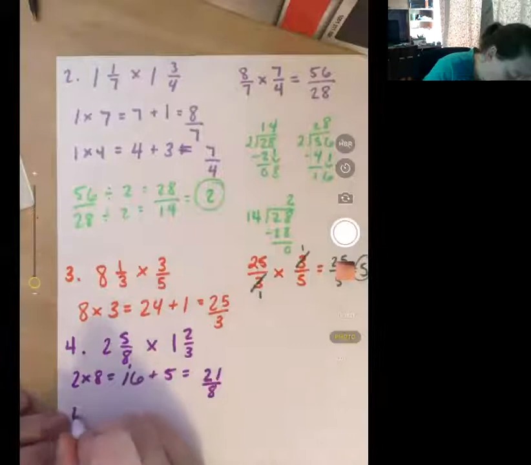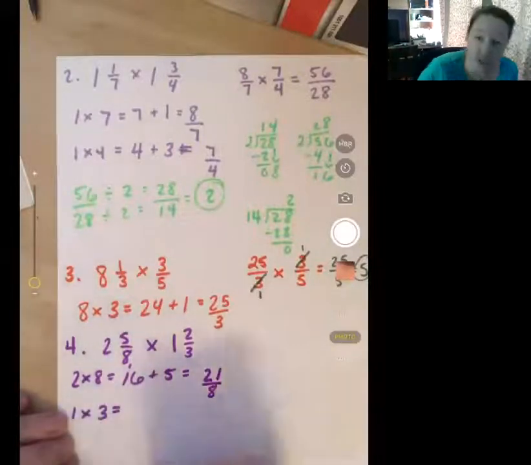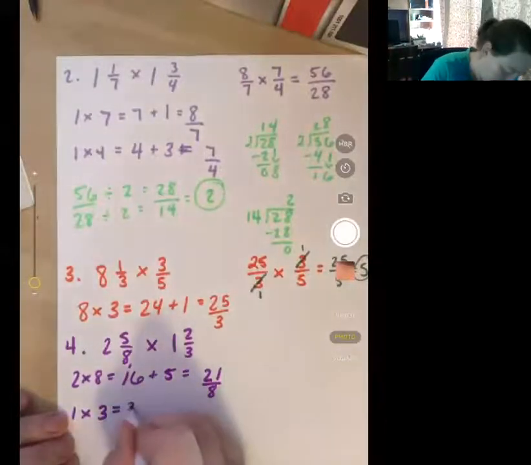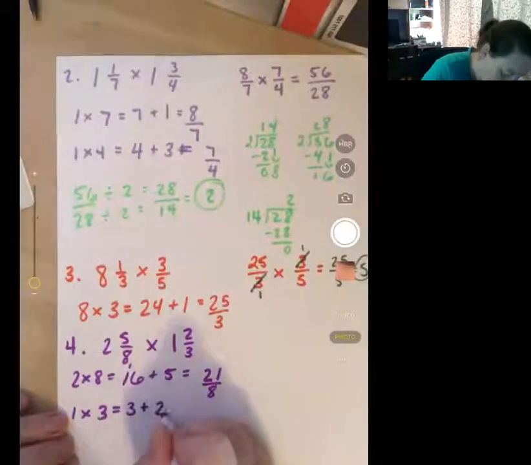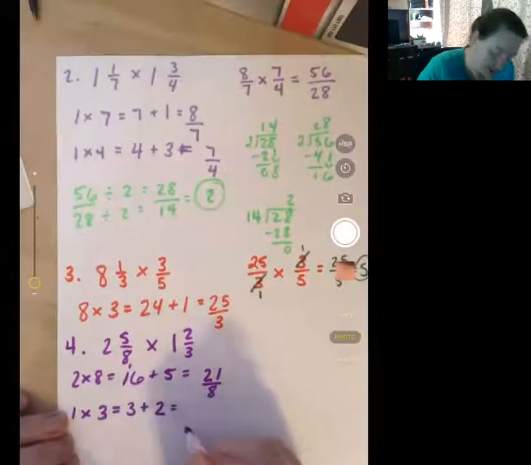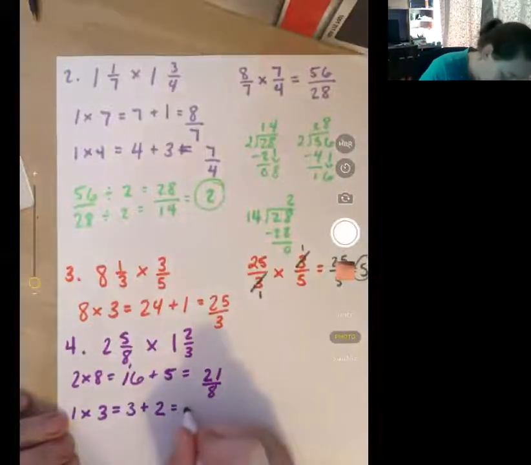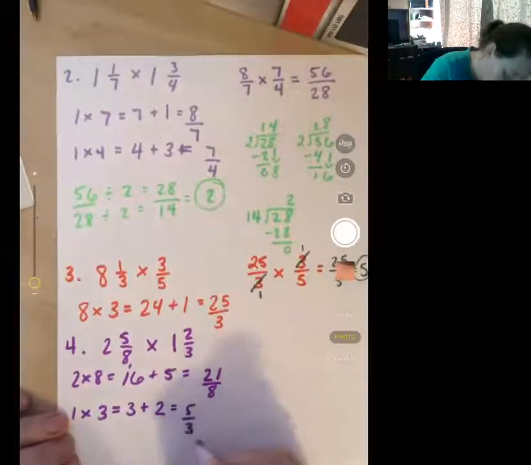Then I have 1 times 3, which is 3, plus 2, which is 5, over 3.